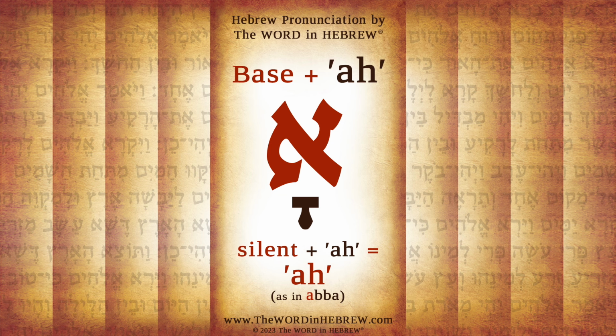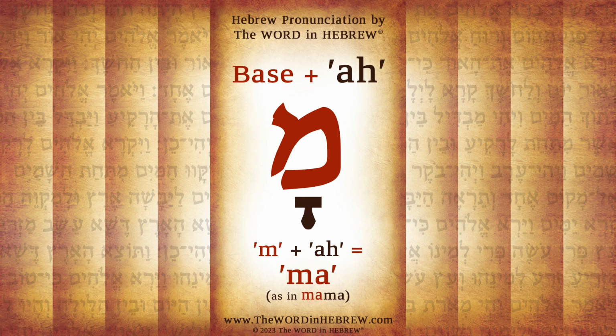With the vowel A, it makes A, as in Abba. And it's the same with this vowel or this vowel. The base sound of Mem is M. With the vowel A, it makes Ma, as in Mama. And it's the same with this vowel.